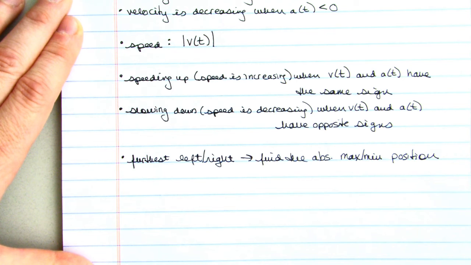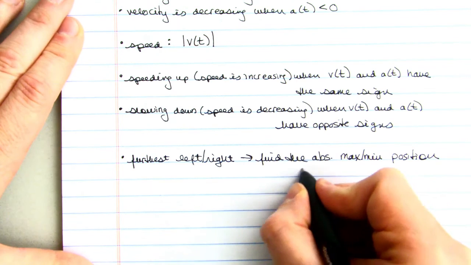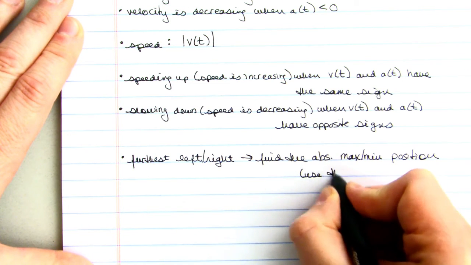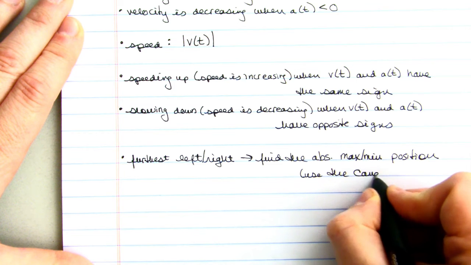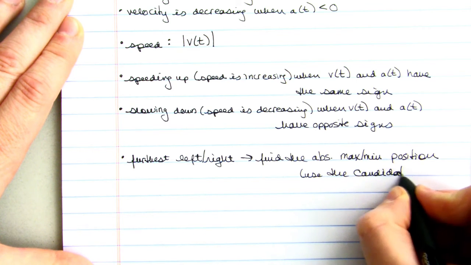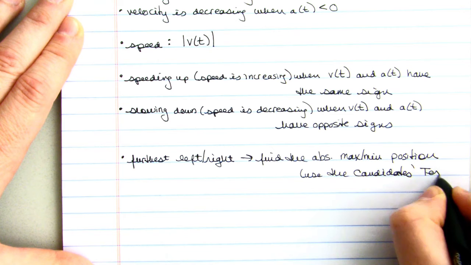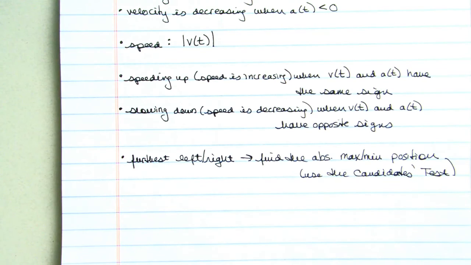Furthest left, furthest right, that's the absolute maximum or minimum position. And we're going to use the candidates test. Let's get that one copied down.